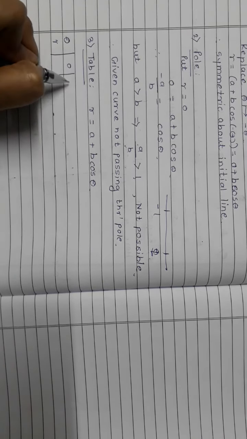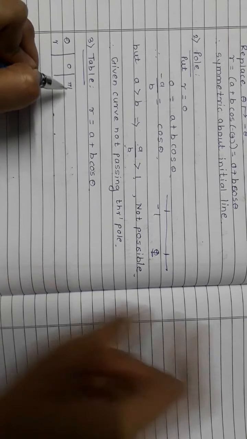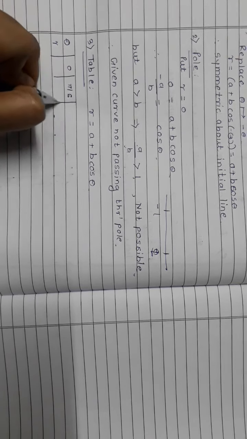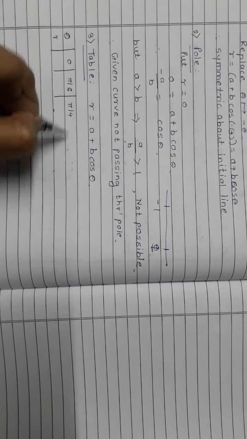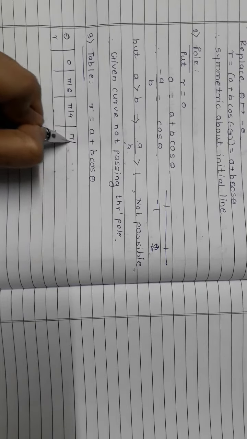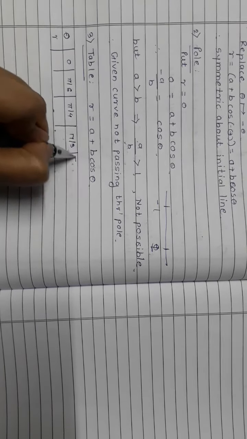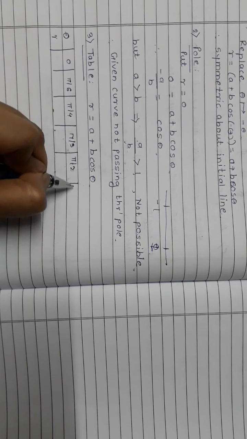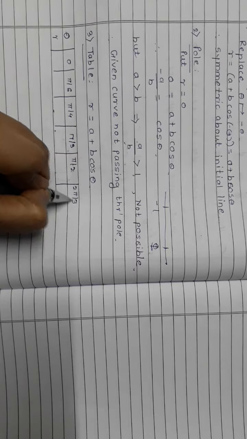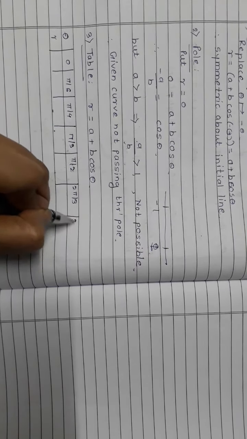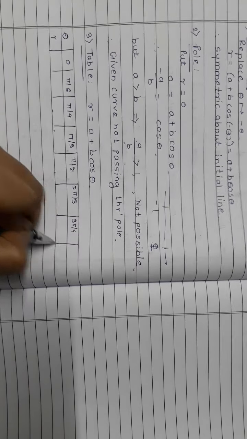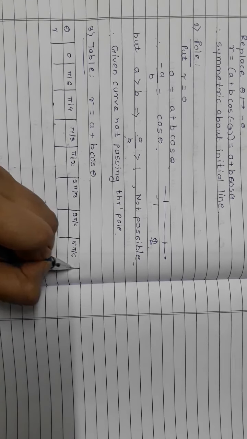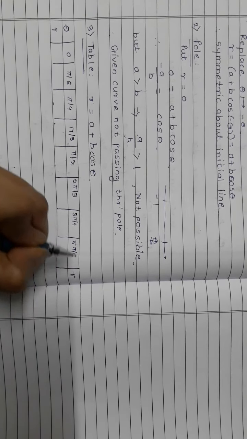Then the second value is pi by 6, then pi by 4, then pi by 3, then pi by 2, then 2 pi by 3, then 3 pi by 4, then 5 pi by 6, and the last value is pi, right?